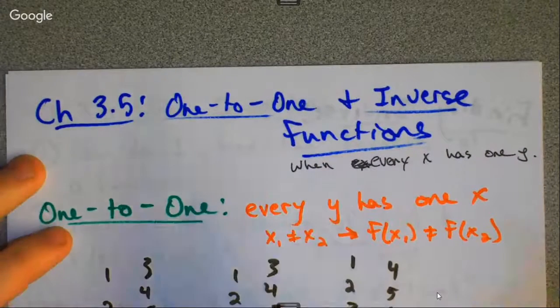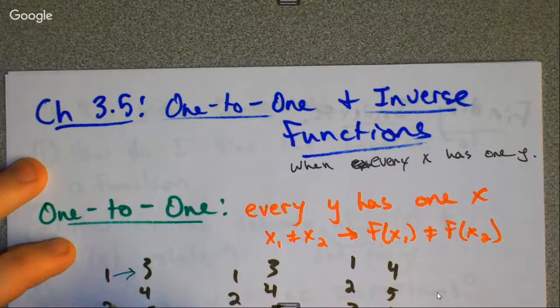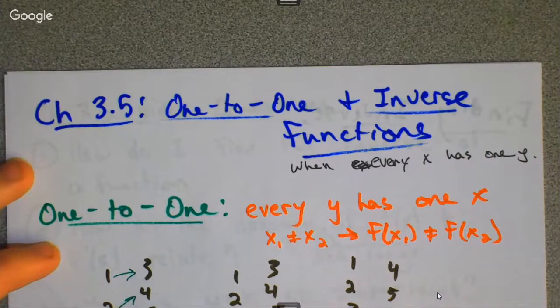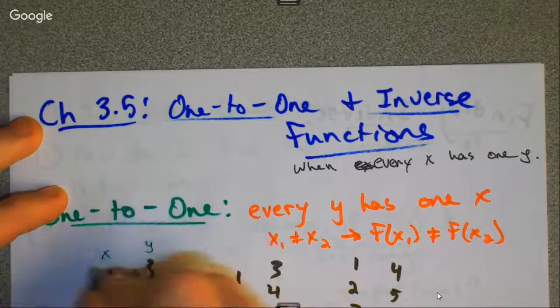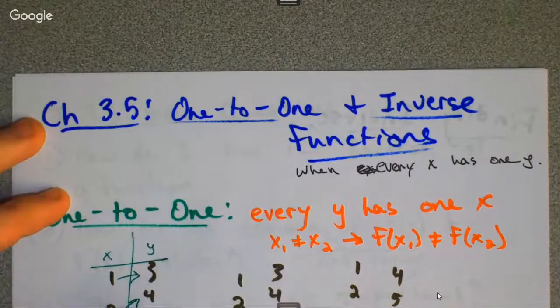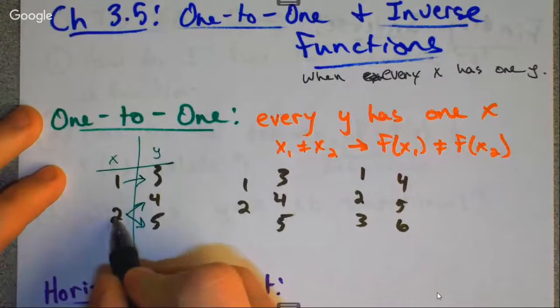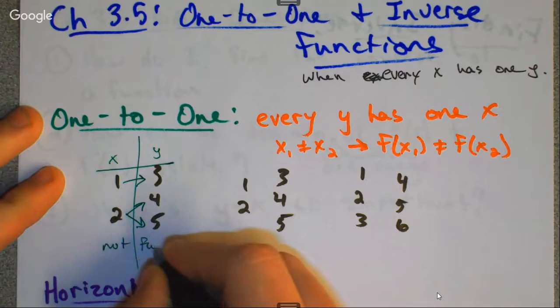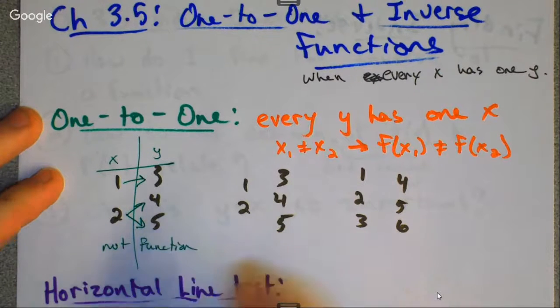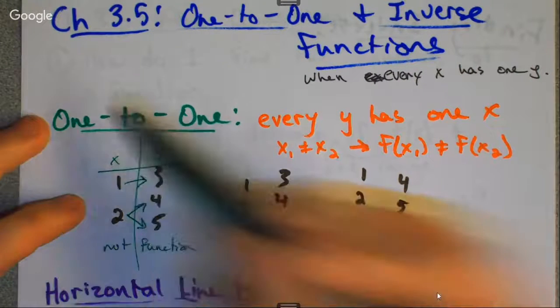For just a function, every x needs to have one y. In this case, if these are my x's and these are my y's, this x here has two y's, so this is not a function. So it cannot be one-to-one.